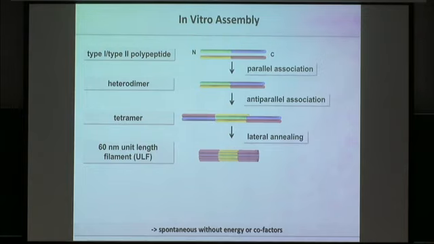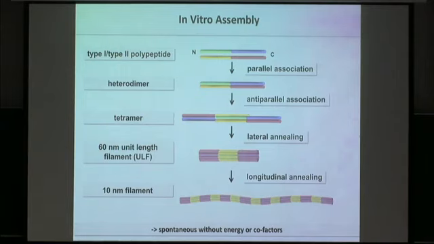And these unit length filaments, with their ends sticking out, will then longitudinally, by interdigitating their ends, form the mature 10 nanometer filament. And that's also why these filaments are referred to as 10 nanometer filaments, which form these sort of endless filamentous structures in vitro.